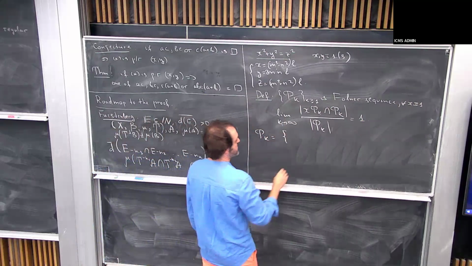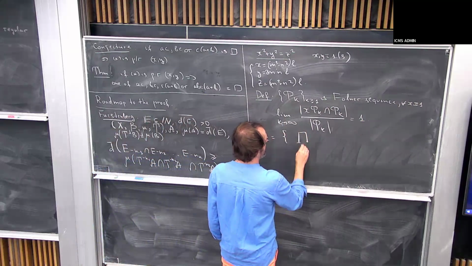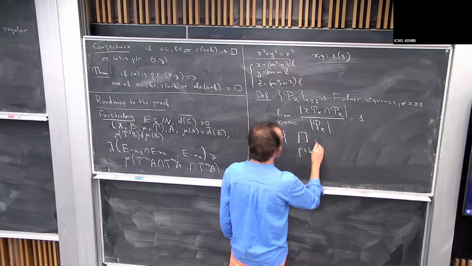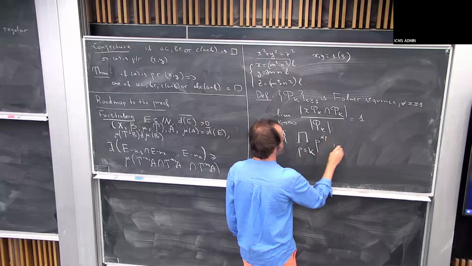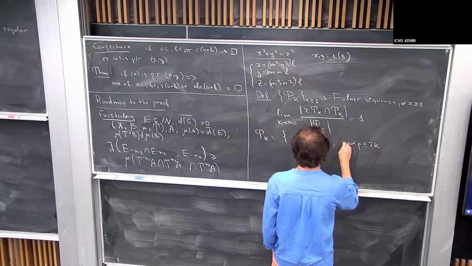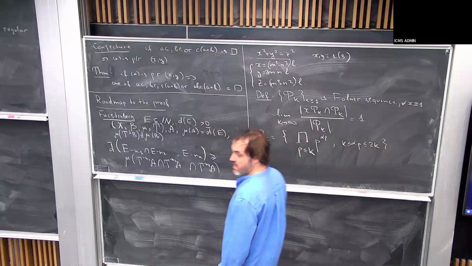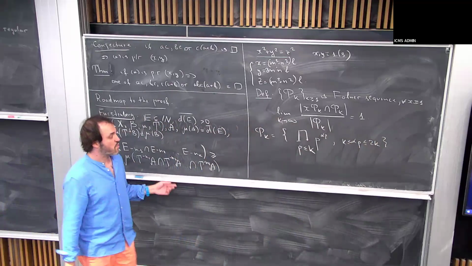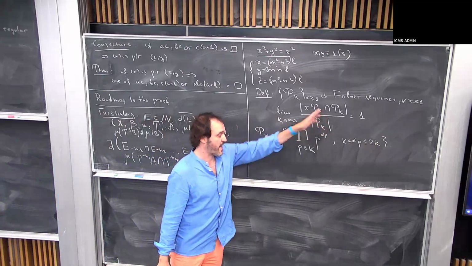So you can take primes to some k and raise them to huge powers. So this is a nice Følner sequence, which is certainly dilation invariant because all the integers start being divisible by x, starting from some point.